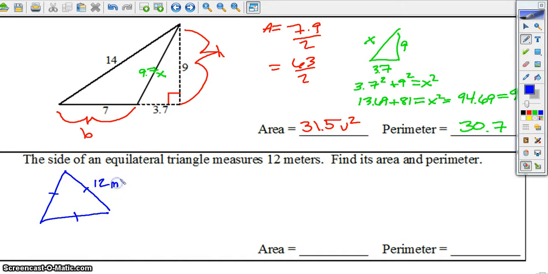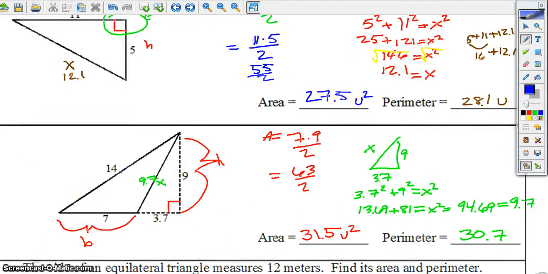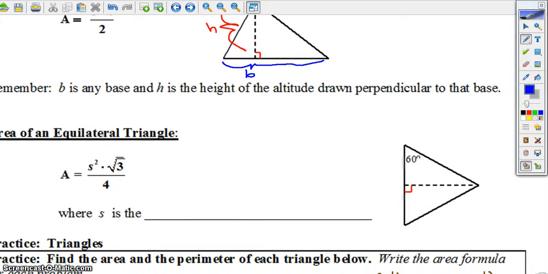We're going to have to figure out which formula to use. Well, we're lucky because we have the formula for an equilateral triangle, and it's s squared times root 3 divided by 4. In case you forgot, s is the measure of a side. And it doesn't matter which side because they're all going to be the same.